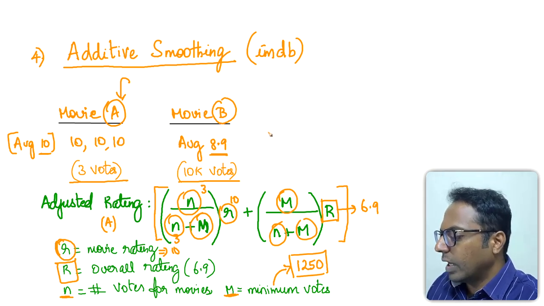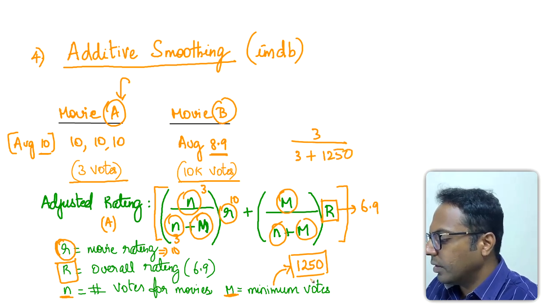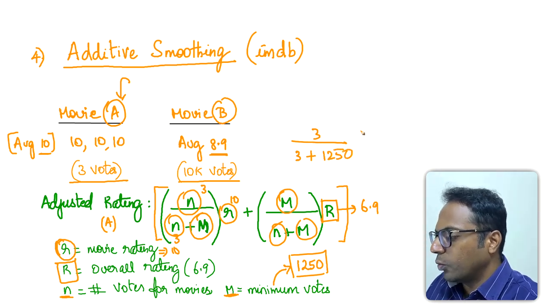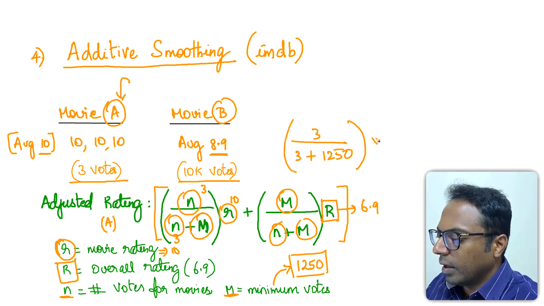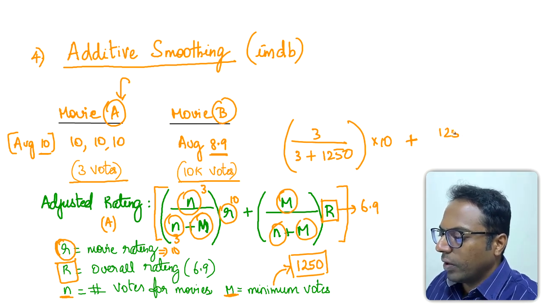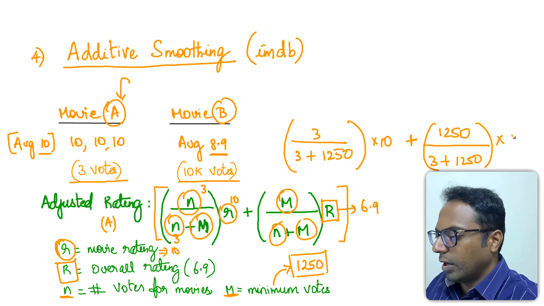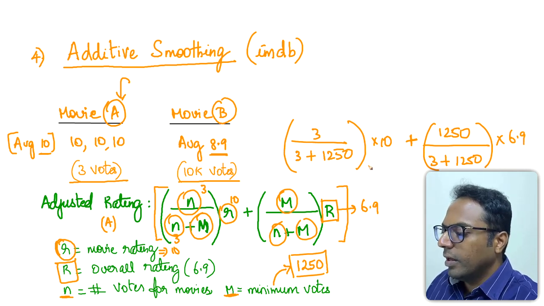Now, can we substitute this? Small n would be 3, divided by 3 plus 1250, multiplied by 10, the average rating, plus capital M, which is 1250, divided by 3 plus 1250, multiplied by 6.9.